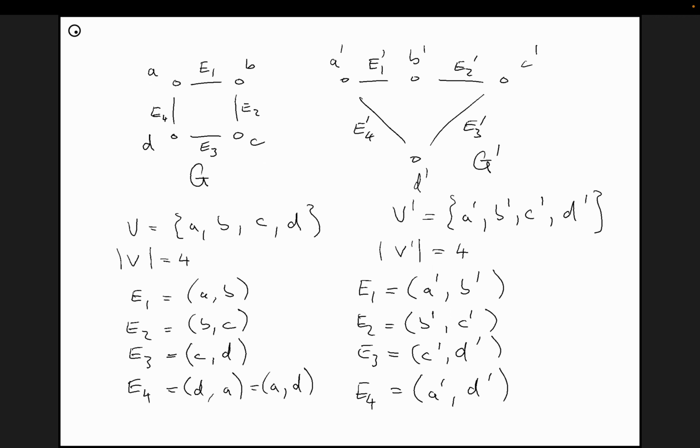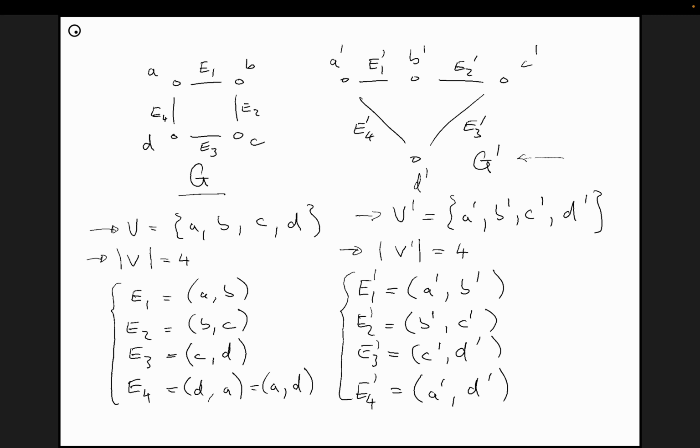And if we observe correctly now, we see that graph G has 4 vertices, as has graph G prime, and in graph G we have those 4 pairings here, and G prime has the same relations.